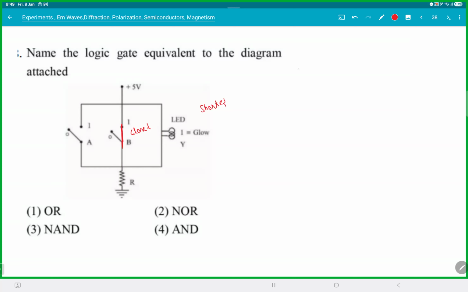That means here 0 is open, 1 is closed. So you want both of them to be open, then the bulb will glow. Even if you close one of them, 0, 1, it will not work. Again, this also becomes an AND gate.